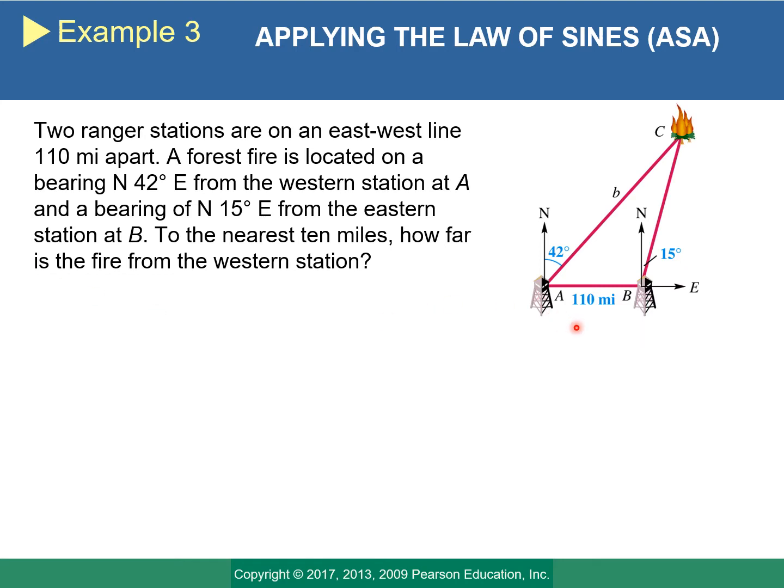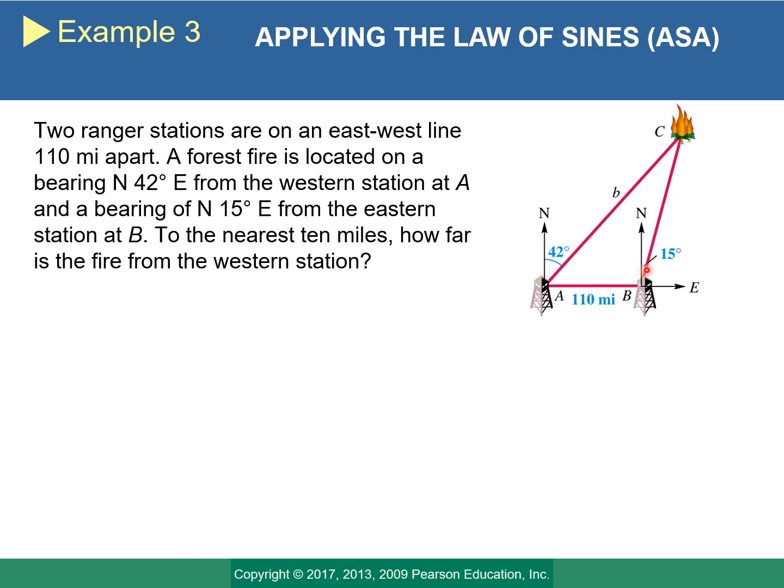Okay, so here's our drawing. Of course, your students have to have all these animated parts, but for our bearing for station A, we had north and then 42 degrees to the east, and that's going to be for angle A. Now angle A is not 42 degrees. Angle A is inside the triangle. The 42 degrees is actually outside. For the next station B, from north, we went 15 degrees east, so that's right in here.